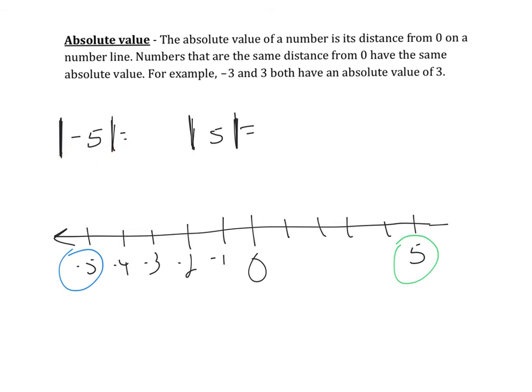Well, we can count. 1, 2, 3, 4, 5. The absolute value of negative 5 is 5. And the absolute value of 5, count back to 0. 1, 2, 3, 4, 5. The absolute value of 5 is also 5. Absolute values will always be positive. It's just the distance from 0.